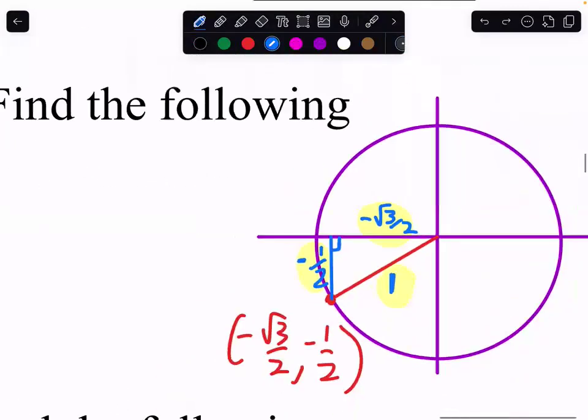Out of these two sides, which one is smaller? Well, 1/2 matches, so 1 is smaller than radical 3. So this is the shorter side, and it'll be opposite the smaller angle. Out of 30 and 60, the smaller angle is 30. This one would be 60, but I'm not going to label it.